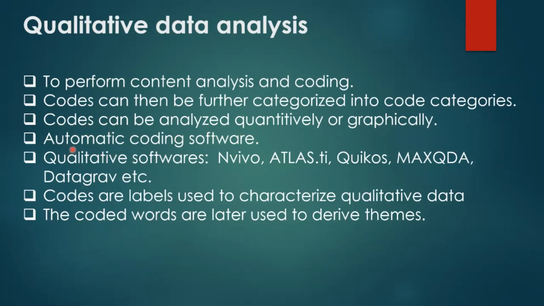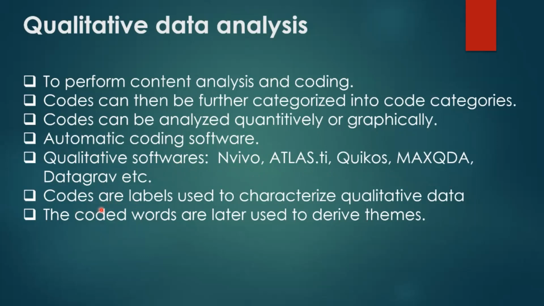We do have software that can be used for coding. Some examples of qualitative software are NVivo, Atlas.ti, QDA Miner, and MAXQDA. There are many of them. What they do is you key in certain words and then they code it for you.